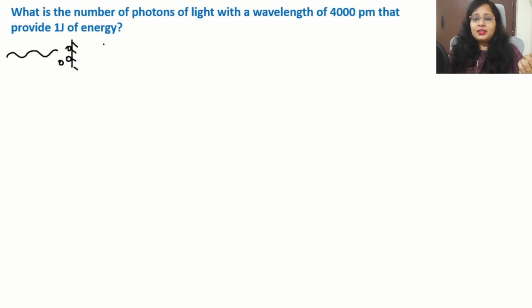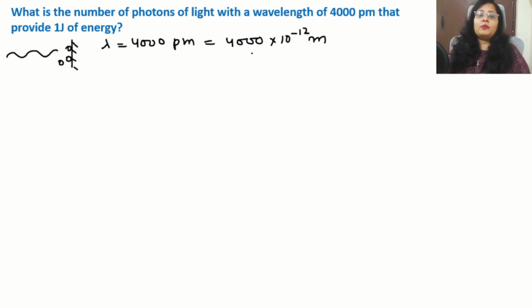So here it is given the wavelength of the light, lambda is equal to 4000 picometer. That we will change to 4000 into 10 to the power minus 12 meter, because 1 picometer is equal to 10 to the power minus 12 meter. Now whatever else is given, the energy.